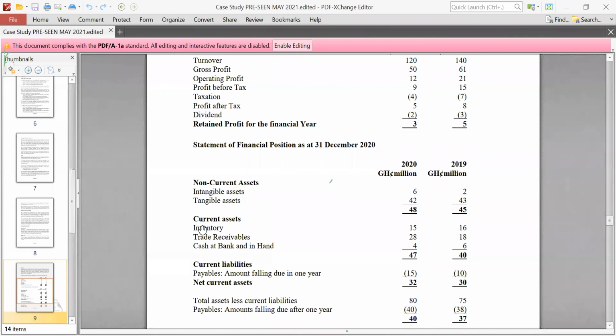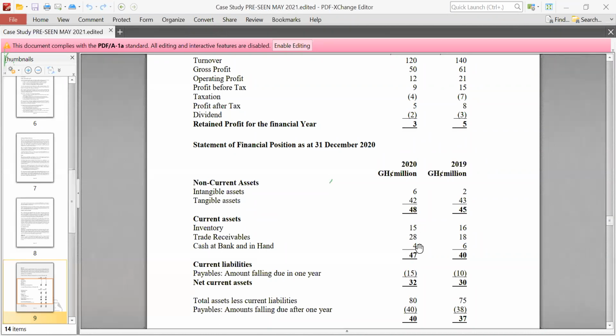There are several ratios to calculate, like the days sales outstanding. I don't want to go into all of that today, but I'm just fleshing out the financials. Trade receivables is increasing by 10 million in a year.